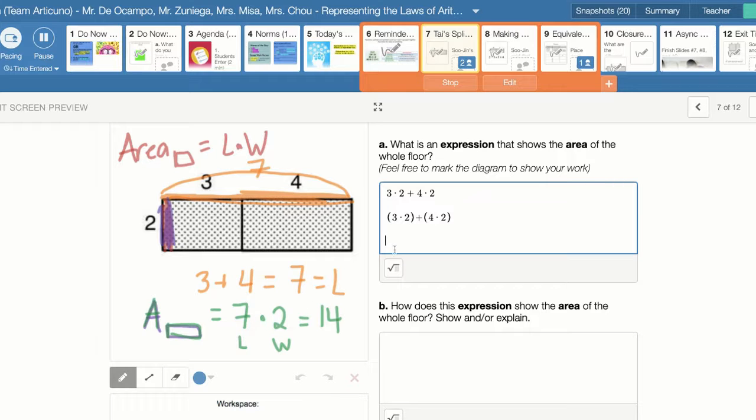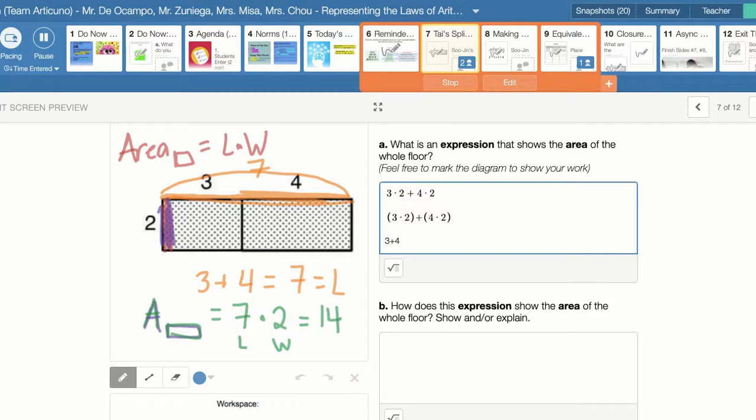Because we talked about how expressions don't have equal signs. Well, what was the first thing we did? We added 3 and 4, right? Which we got 7. And then what did we do with the 7? Well, we multiplied it by 2.